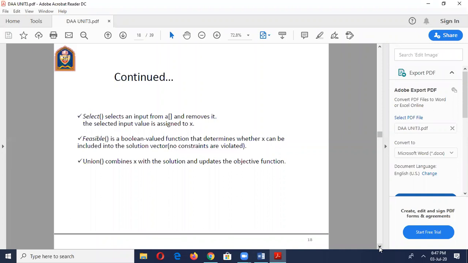Next we are going to see about select, feasible and union. Select selects an input from A and removes it, and the selected input value is assigned to x. Feasible is a Boolean valued function that determines whether x can be included in the solution vector. Union combines x with the solution and updates the objective function.